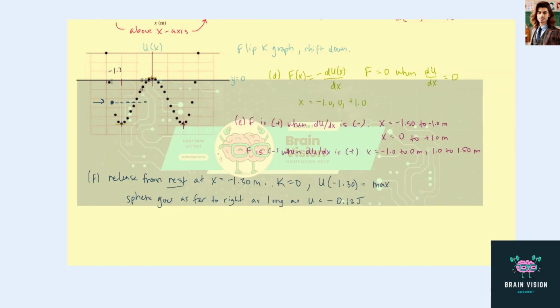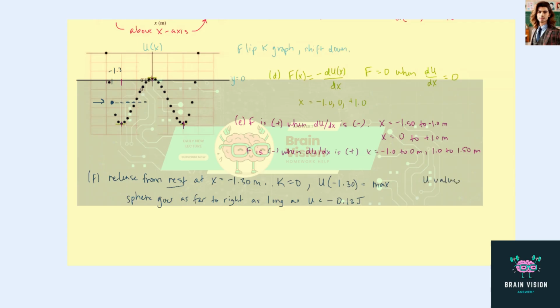So for any value where our potential energy is less than that, and again, I use the values on the kinetic energy graph, and this idea of subtracting 0.14 and then making them negative, so basically our U values.